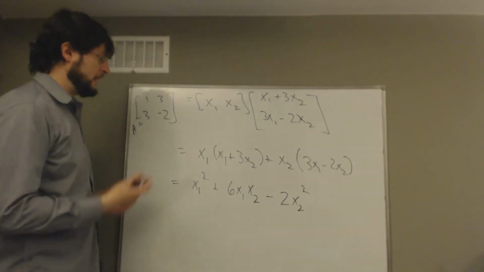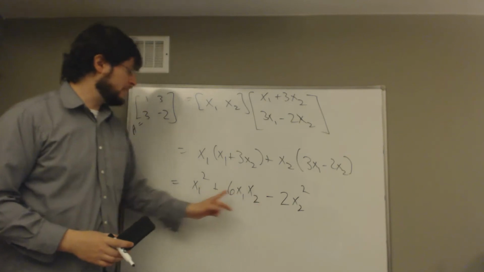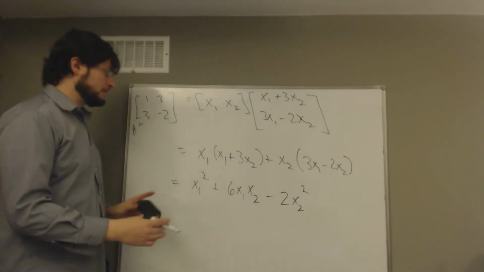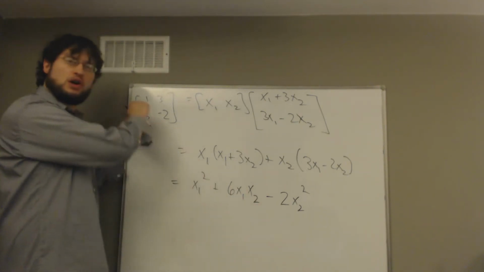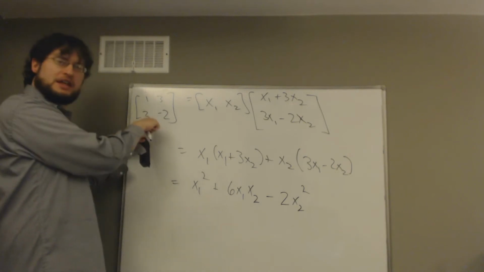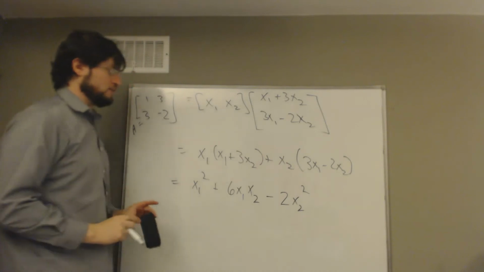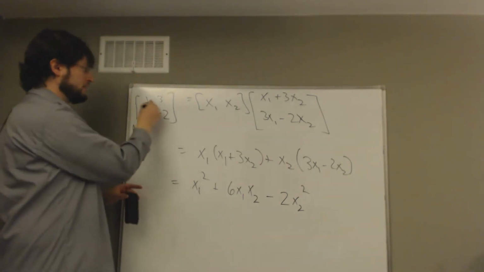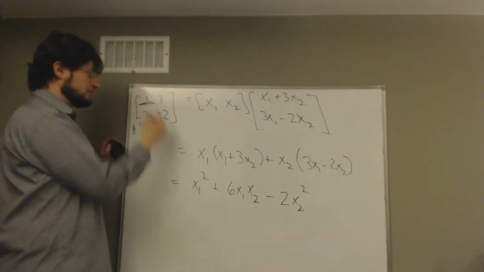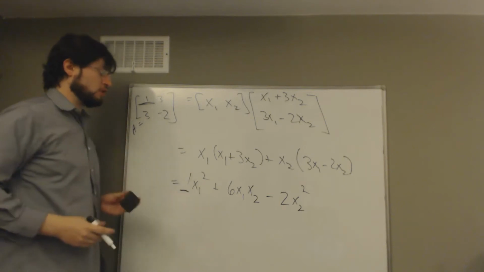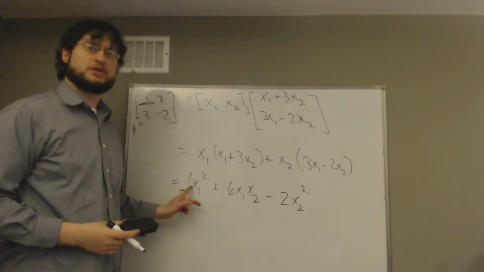And now, next, what else can we see? What do we notice here? Well, I notice something that there's a strong relationship between our matrix A that we started with and the form of the quadratic form that we get at the end. Notice that this diagonal entry 1 corresponds to the coefficient of x1 squared.